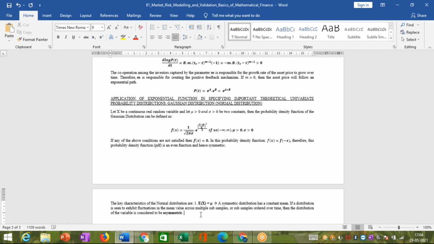Okay, so over here, if a distribution is seen to exhibit fluctuations in the mean value across multiple subsamples or subsamples ordered over time, then the distribution of that variable is considered to be asymmetric.